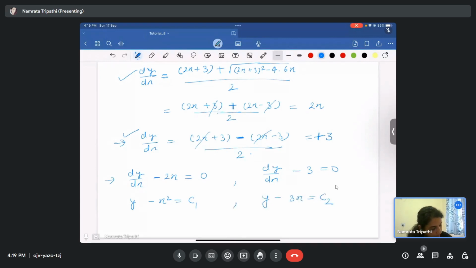Fine. These are the two characteristic equations. Now we have to transform. So we have to choose xi and eta. Can we choose this as xi and this as eta, or you can say this is eta and this is xi.